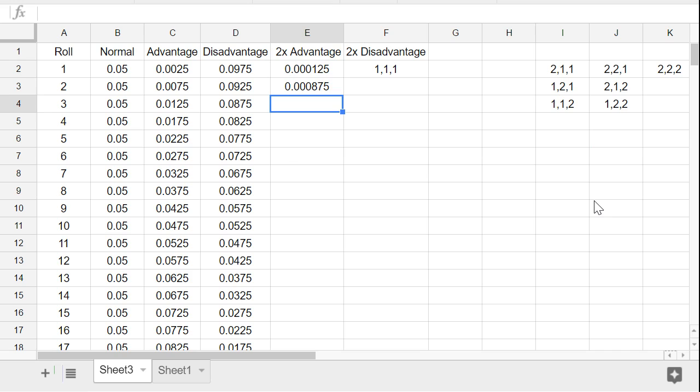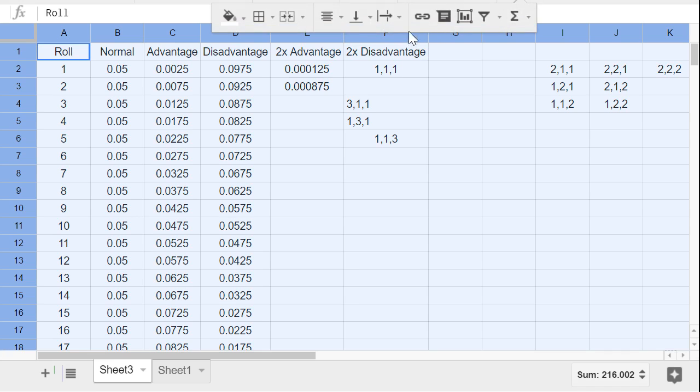Now, how can we roll a 3? Well, there has to be at least 1 3, right? Okay. So same as before. 3, 1, 1. Let's get this centered again.